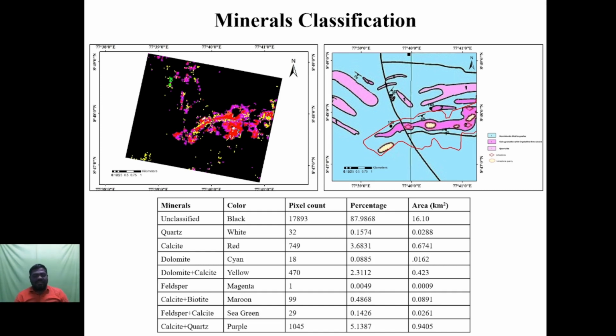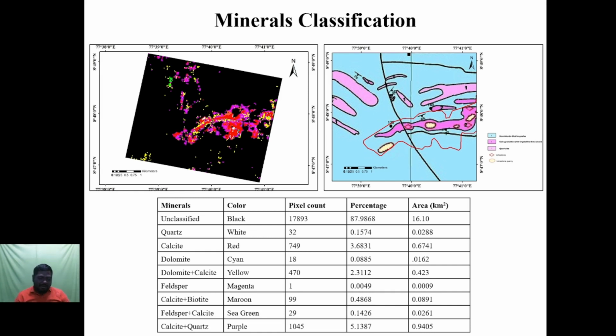It is available from the Geological Survey of India. The Geological Survey of India says only quartz, a small amount of biotite, and a limestone quarry is there. They just say limestone quarry, biotite, that thing only is there.